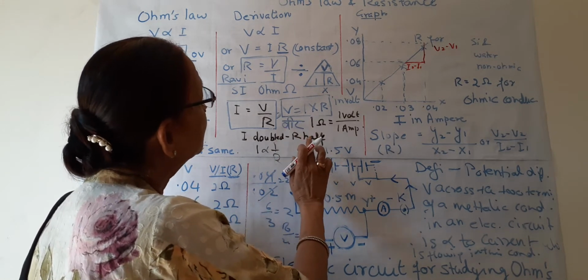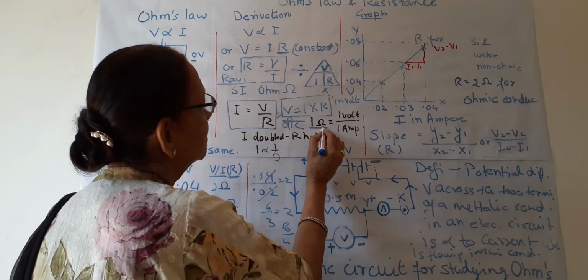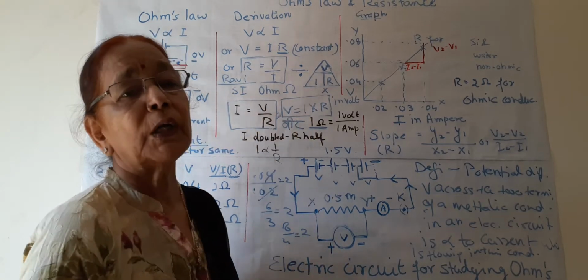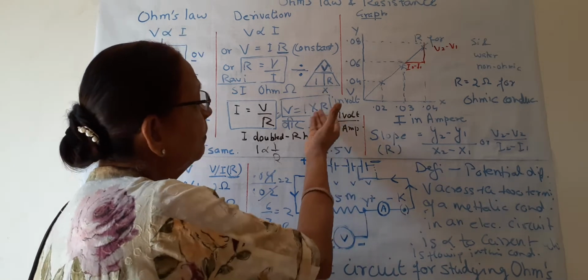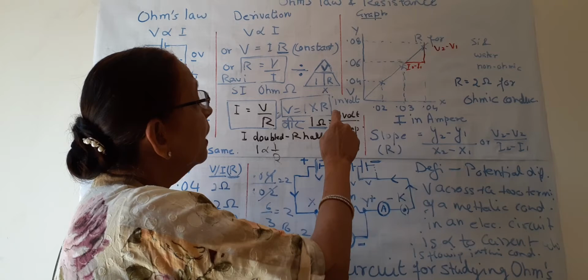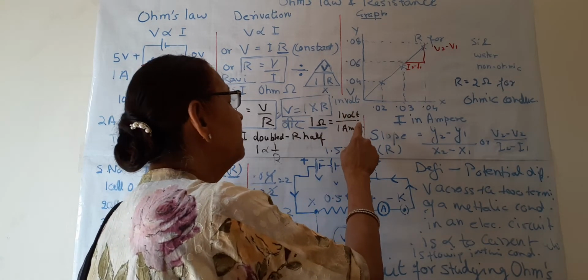Now the next is, what is 1 ohm resistance? We can also define it. It is asked in the exam also: define 1 ohm. By this formula we can define 1 ohm. You have to write a complete sentence.